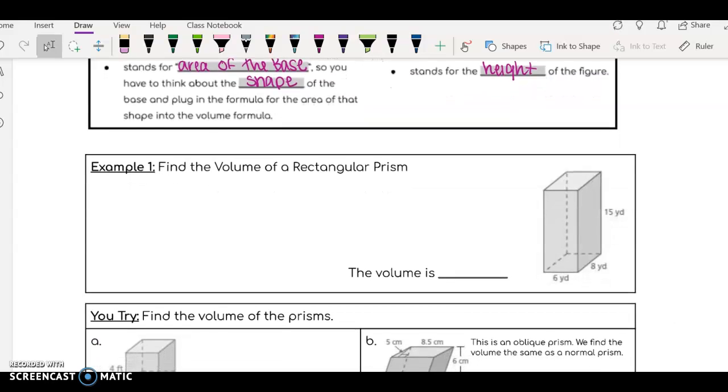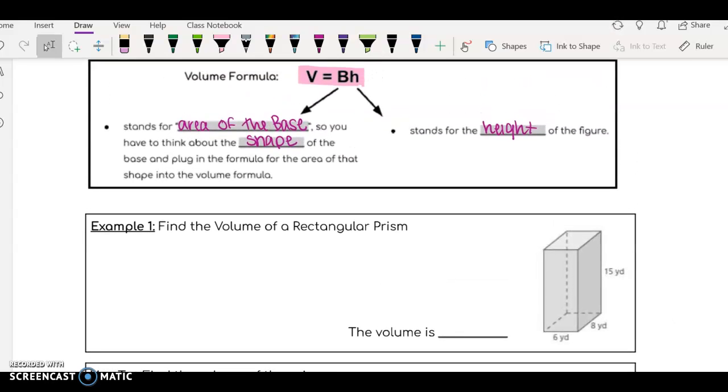So let's do an example. It says find the volume of the rectangular prism. So we are going to take our formula, V equals our capital B times H. So volume equals, I have to look at the shape of my base. So my base is a rectangle, and a rectangle uses length times width.